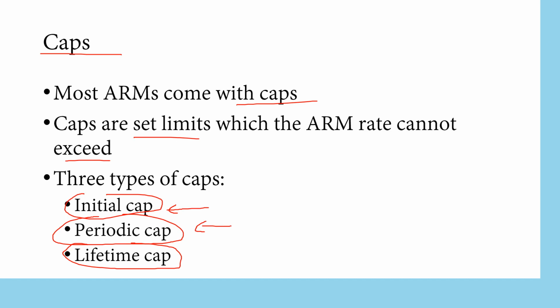The periodic cap has to do with all subsequent adjustment periods. Now, the lifetime cap sets limits on how much the interest rate can change over the entire life of the loan. So for the lifetime cap, remember that this has to do with the limits over the entire life of the loan.